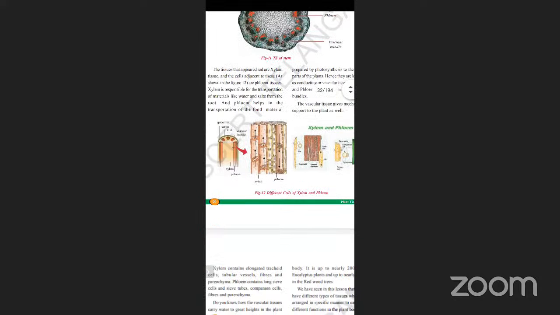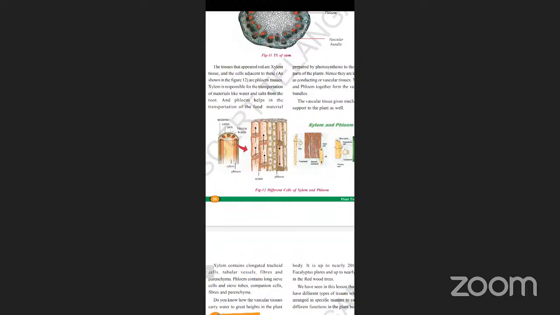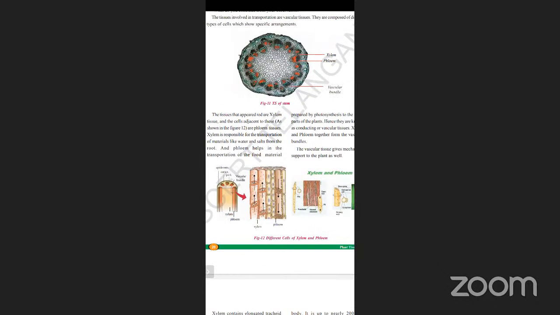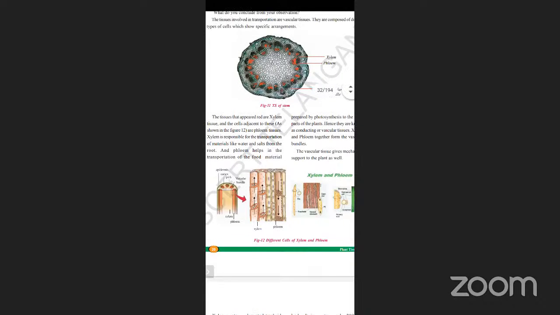See here, xylem is responsible for the transportation of materials like minerals, water, and salts from the root, and phloem helps in the transportation of food materials.